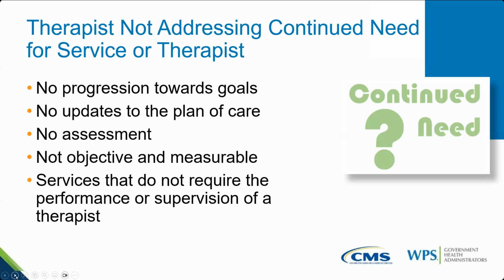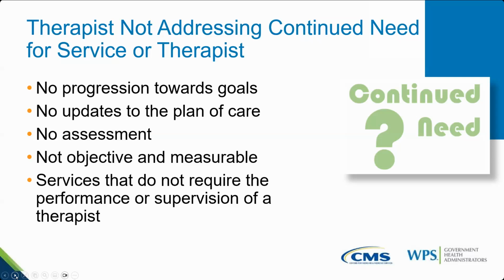How are you modifying modalities of service? Are you considering that some goals just may not be achievable in the manner in which you're trying to achieve them? So when you're writing your progress report, you should always be thinking to yourself, why does this patient still need my services?